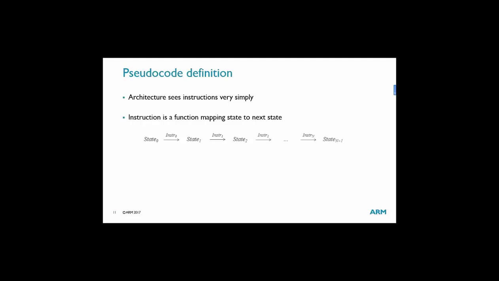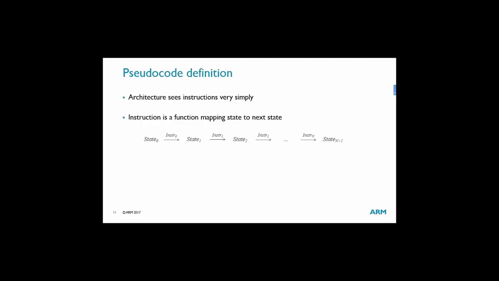So how does the architecture actually define instructions? Well, it views them very simply. Each instruction is simply a function that maps one state to another state. For example, if you start with state 0, instruction 0 would map that state onto state 1. And the programmer's model just consists of a piece of software, a program, which consists of a sequence of n instructions mapping the processor state between state 0 and state n+1.